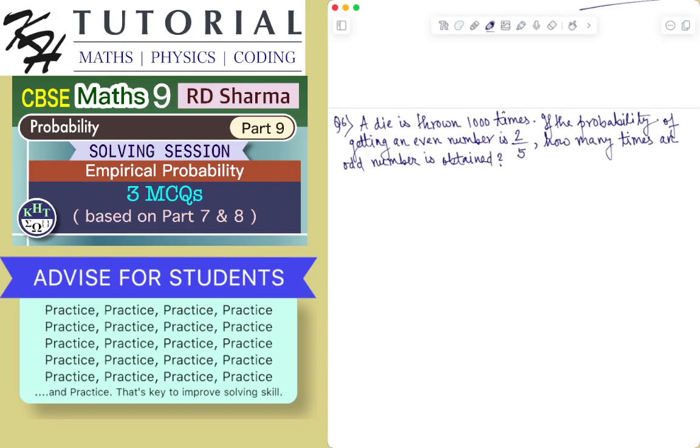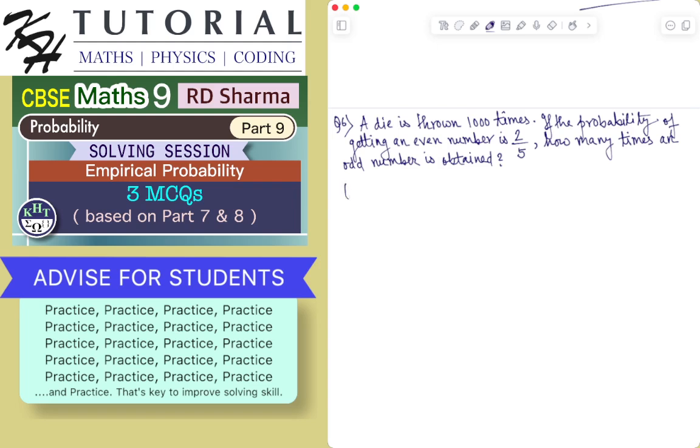So I can consider the result of the experiment, which is throwing a die 1000 times, where n, the number of trials, is 1000, and a single trial is you throw a die, it could be any number from 1 to 6.